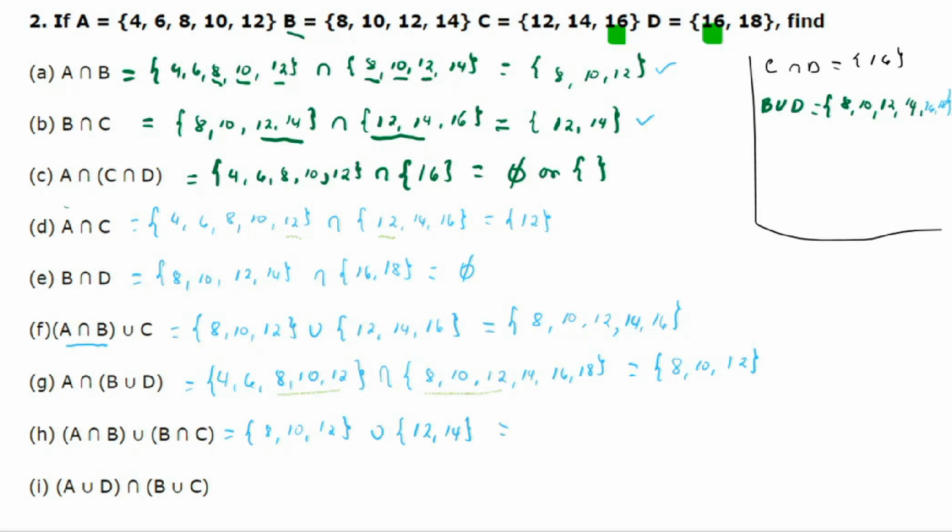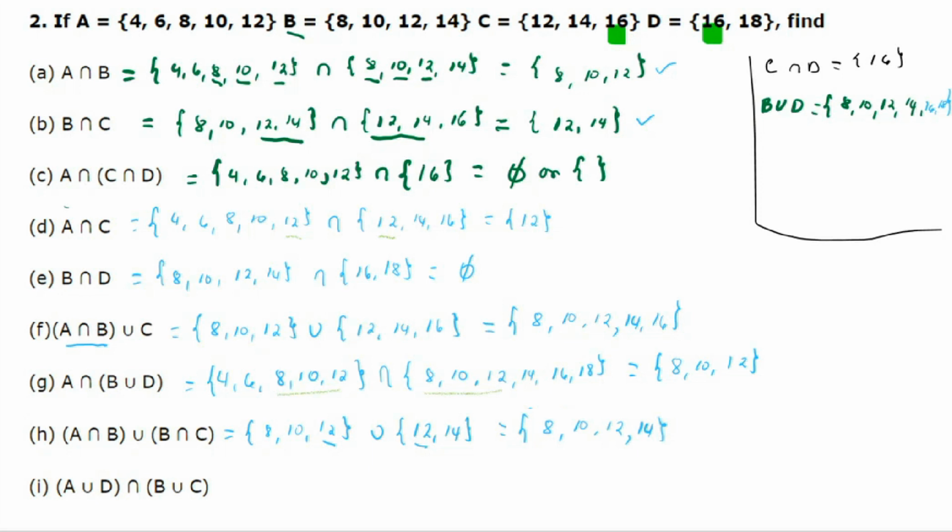Combining the two sets because it's a union, we're going to combine everything. We have 8, 10, 12. 12 is also present here, but write it only once. Then we have 14.